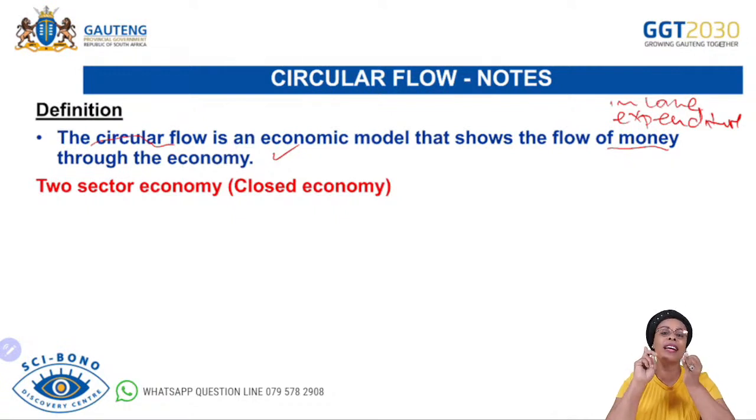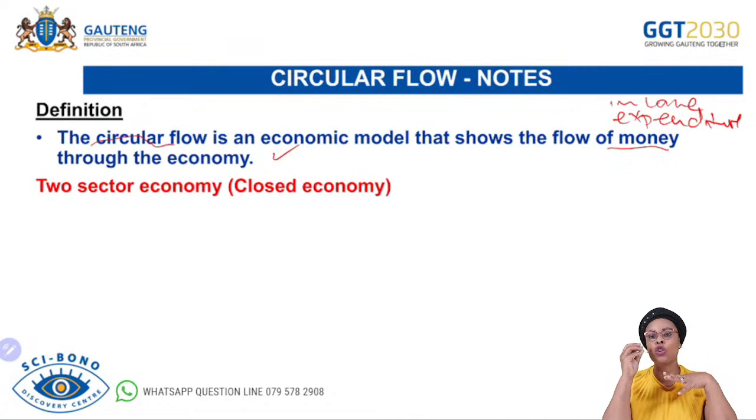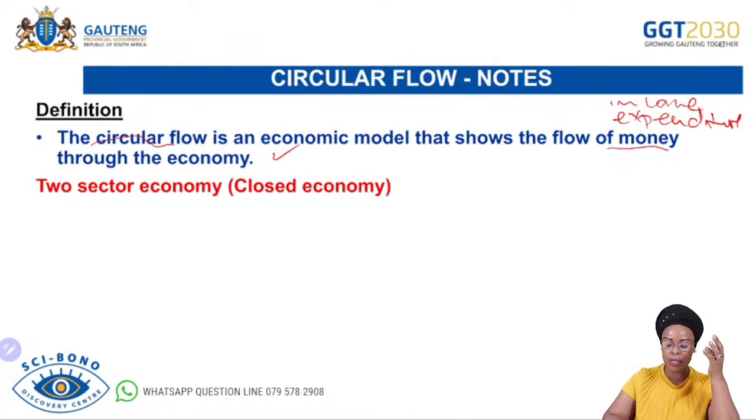We also have a three-sector economy. We also have a four-sector economy. It is important for you to know what is happening in a two-sector, three-sector, and four-sector economy, so that when we move to the next chapter tomorrow, you are able to understand why we are using the words two-sector economy, three-sector economy, and four-sector economy.